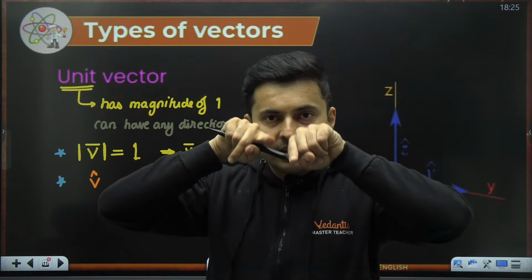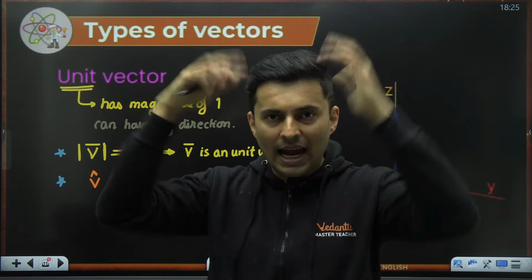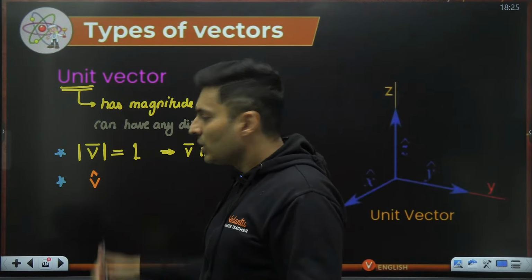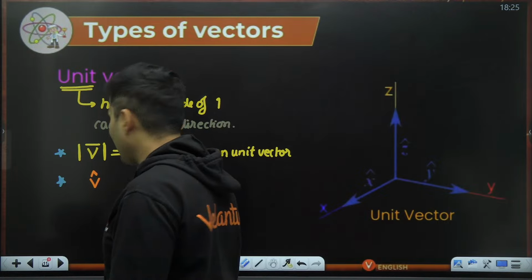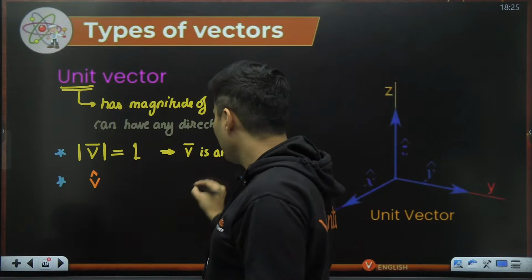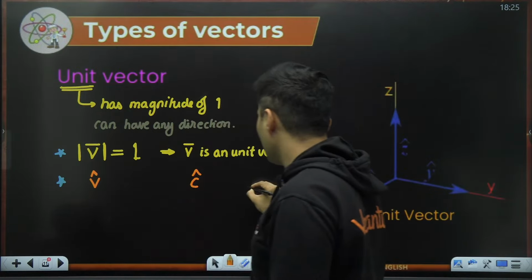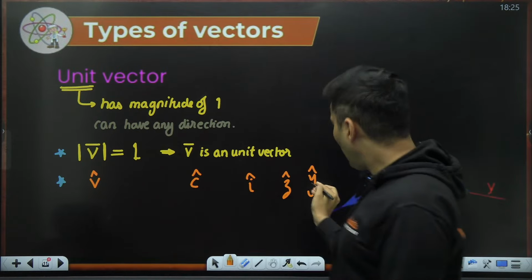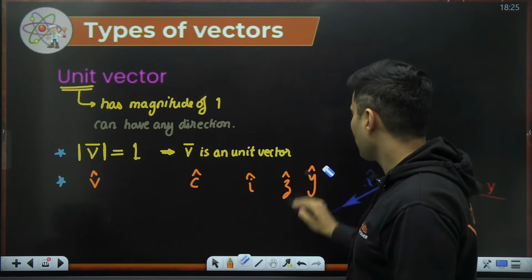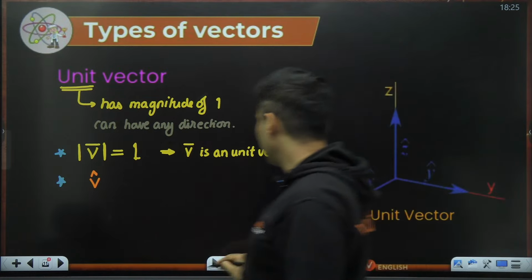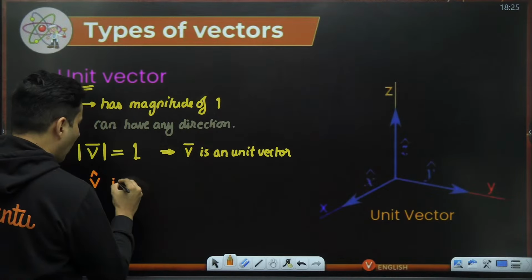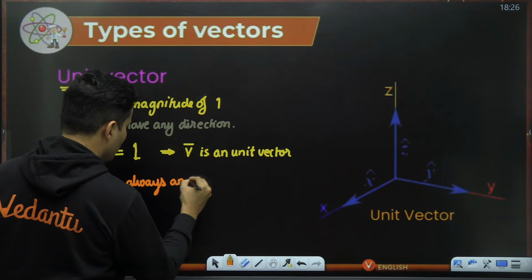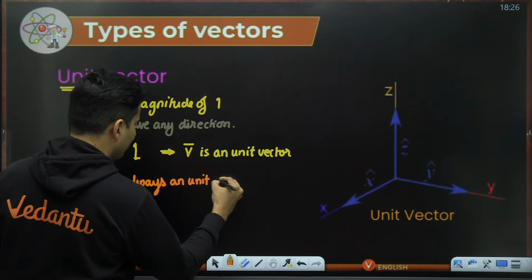So when you put that small hat-like or cap-like symbol, it means it is a unit vector. So v hat or a hat or b hat or c hat, any alphabet you can use, i hat or z hat or y hat, all these are basically unit vectors. So v hat is always a unit vector. Always a unit vector.